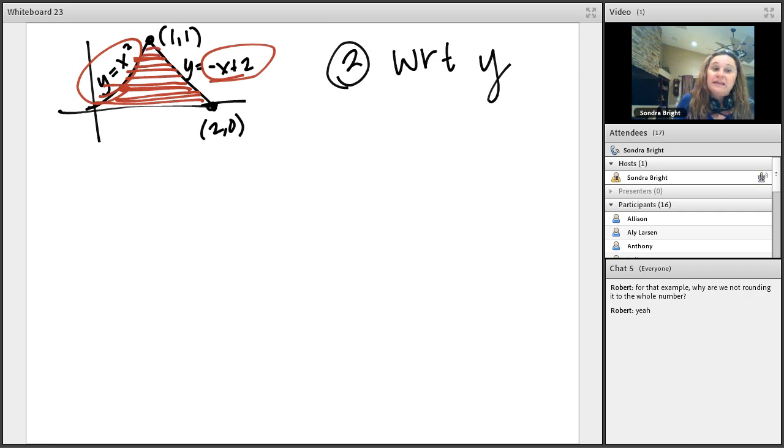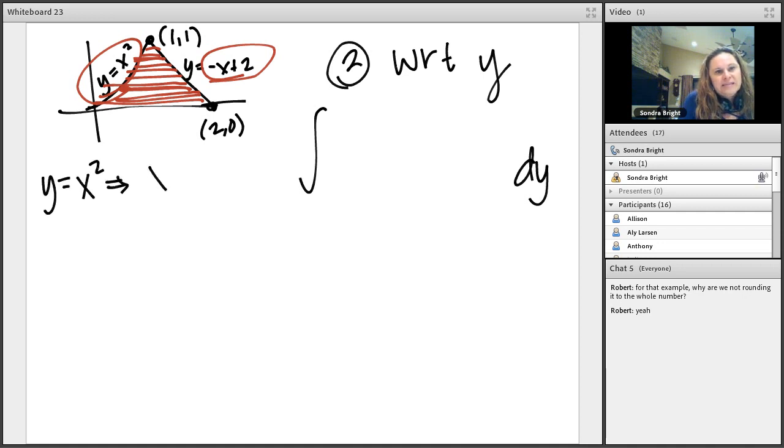And so you're able to do this with one integral when it's dy. You do need to rewrite these in terms of y. So y equals x squared means that x is equal to plus or minus the square root of y.